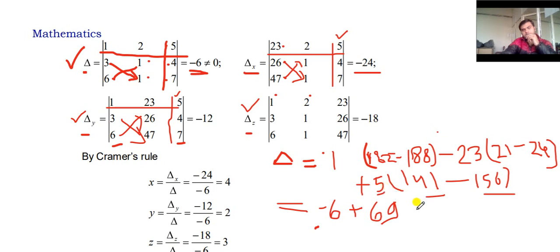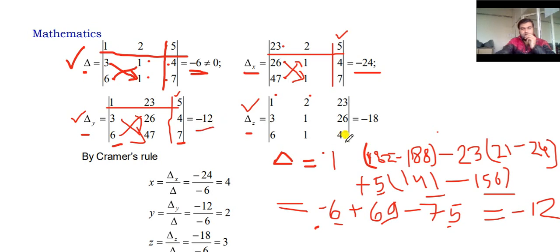Minus 15 is multiplied with 5, that is minus 75. So this is minus and this is minus, so this will be added, and 75 plus 6, that is minus 81. So minus 81 plus 69, it is minus 12. So your answer is minus 12.